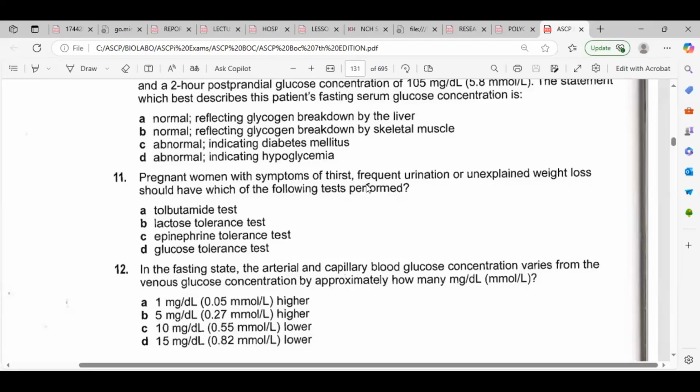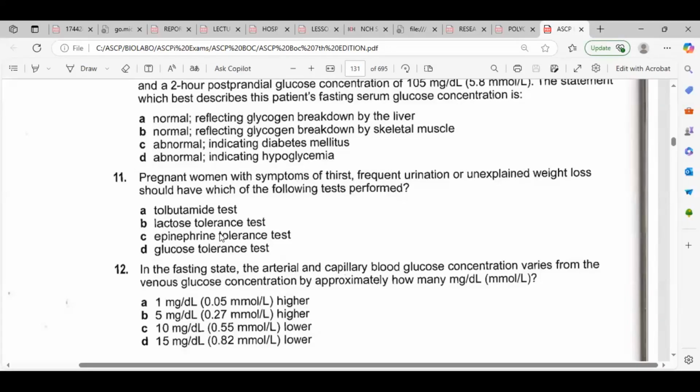And you remember, for the mothers, we don't do fasting. Never. We don't do fasting for them. We don't do random. We don't do postprandial, but we do what you call OGTT. OGTT is done for pregnant women.